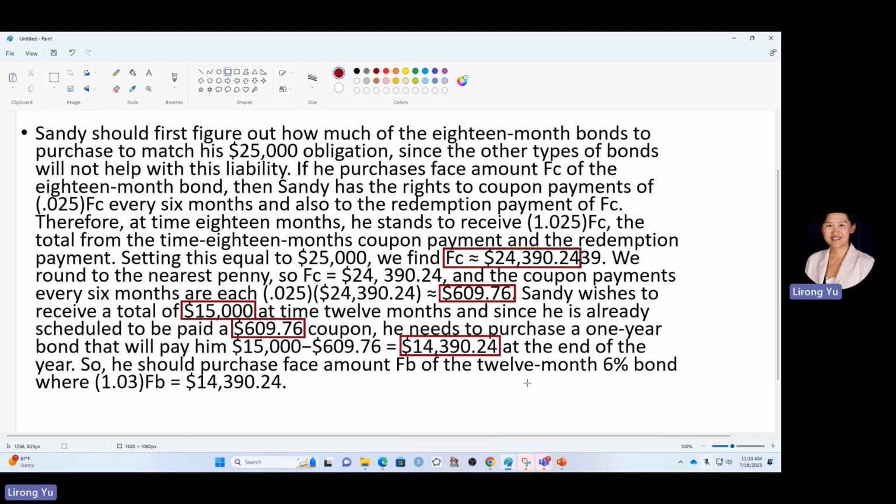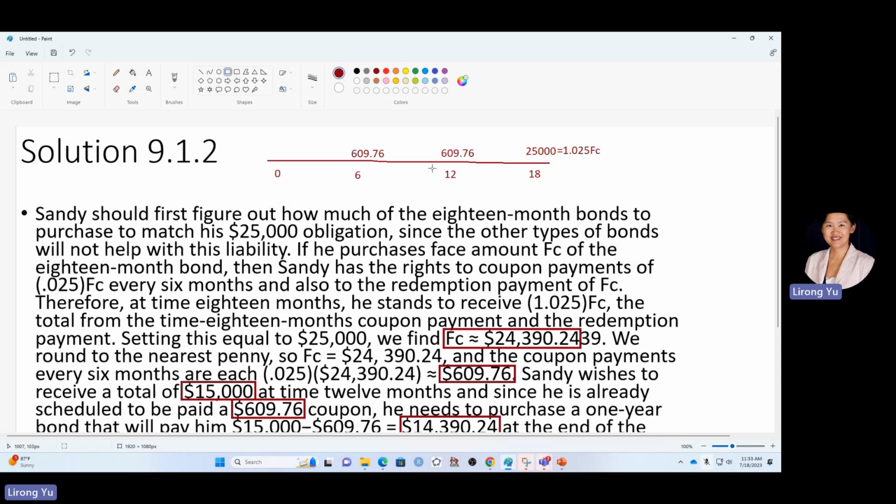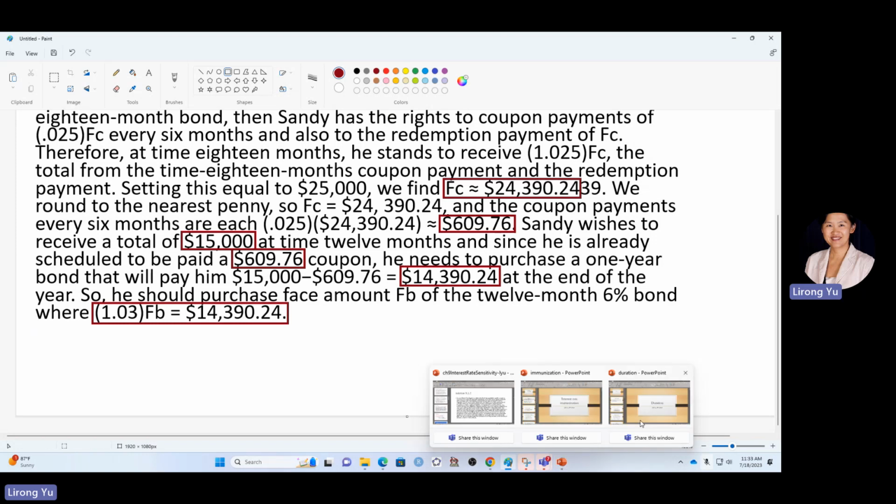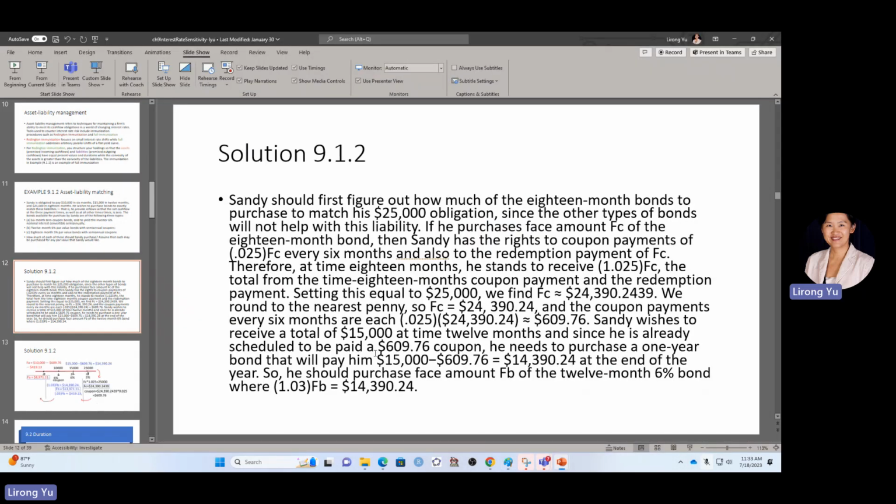So what do we do? Time 12 is the expiration for the second bond. At expiration, you would receive the coupon and the face value. Let's call that face value FB. Using this, you'll be getting the face value for the second bond.